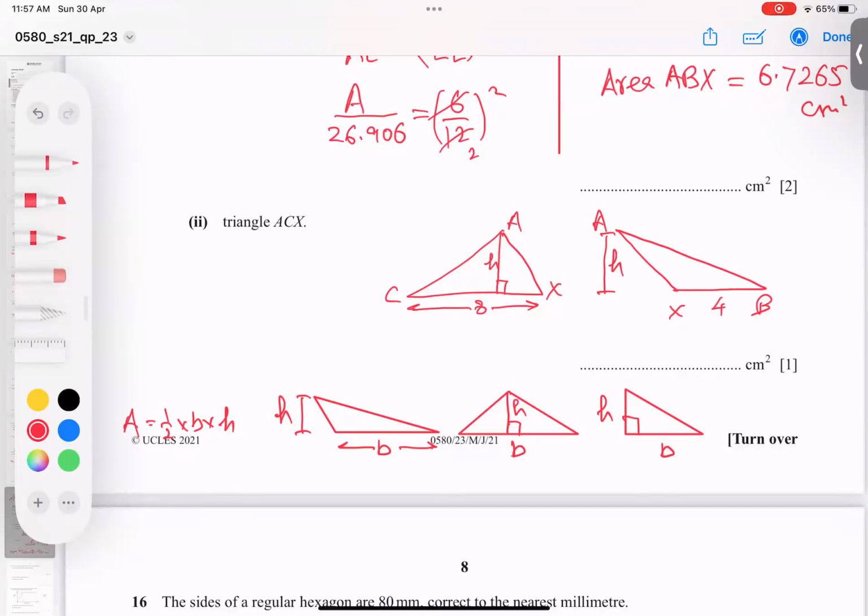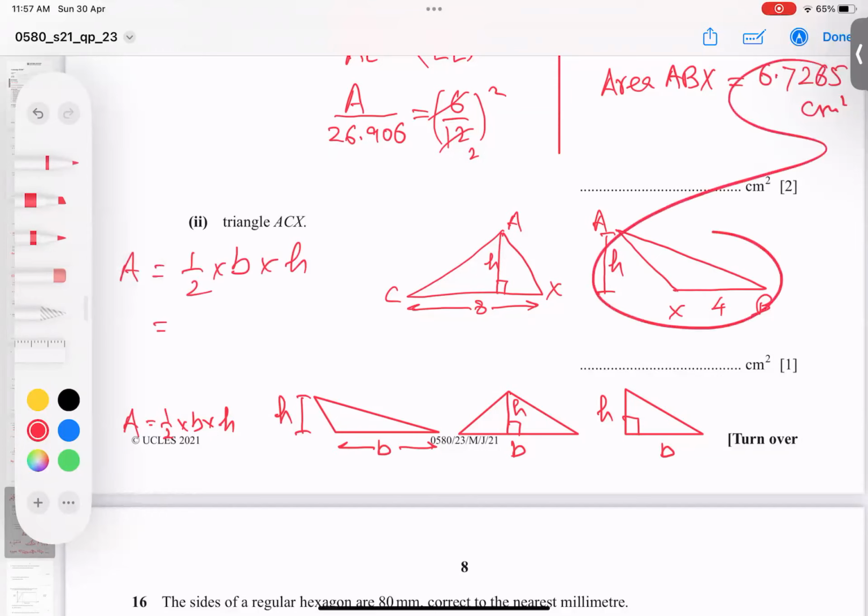Because the height is the same, students, correct. So the base is 4, and the base becomes double. You see, the base doubles. So what is the area of this shape? Half into base into height. So the base becomes double, so you can say this area is obtained from this.